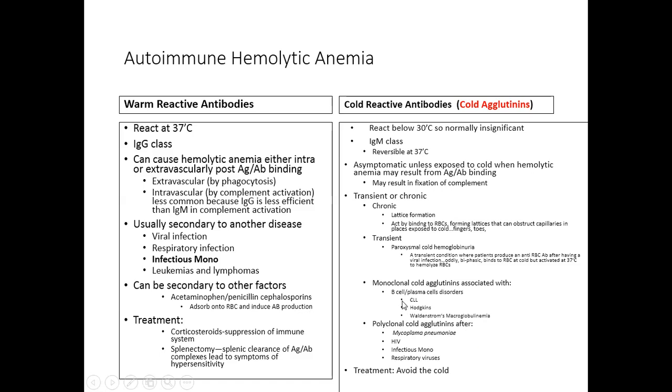Those are monoclonal because the cell lines are producing the antibody themselves. Polyclonal cold agglutinins we see after a couple of different disease states, things like mycoplasma or infectious mono, some viruses. So you can end up with cold agglutinins that are produced in a number of different ways.